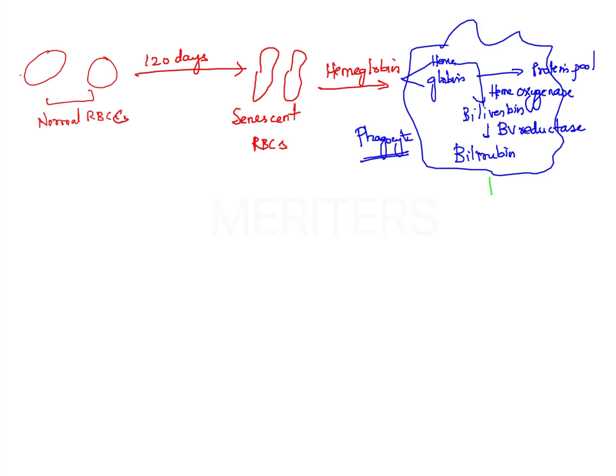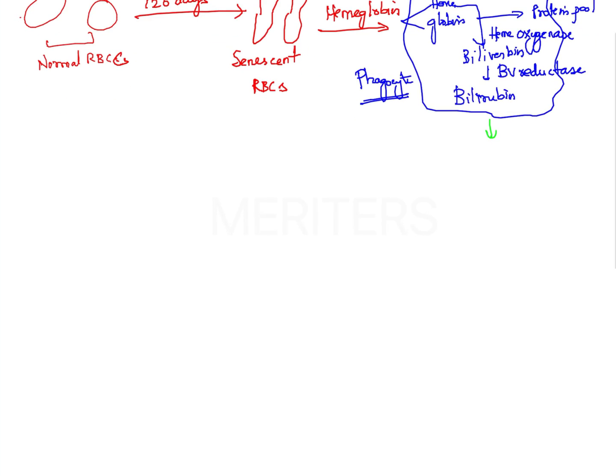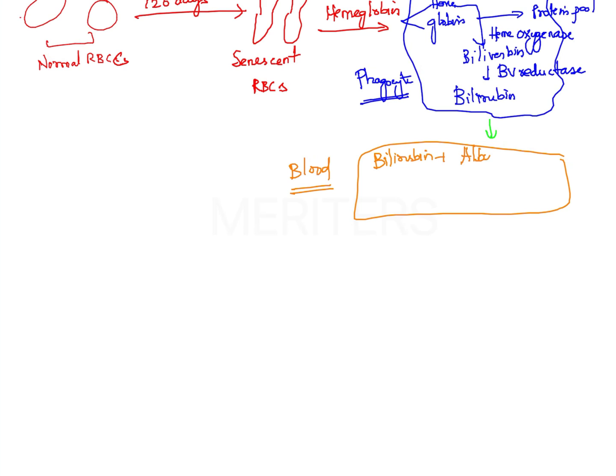Then what happens in your blood? I'm going to draw this portion. This is your vascular system. I'm just going to write blood. In blood, this bilirubin plus albumin will form unconjugated bilirubin.